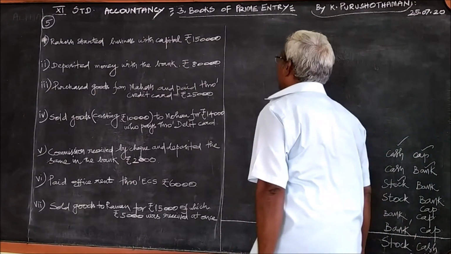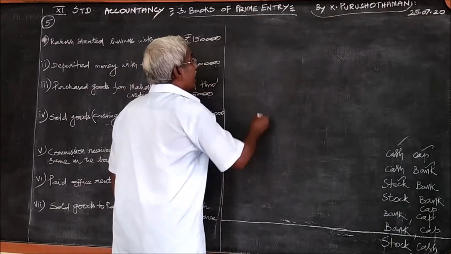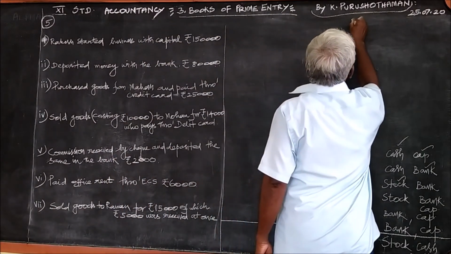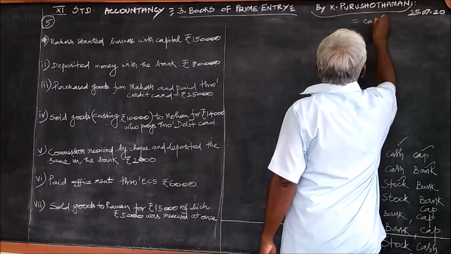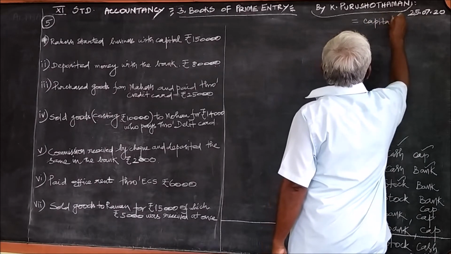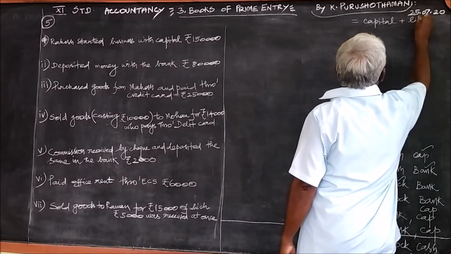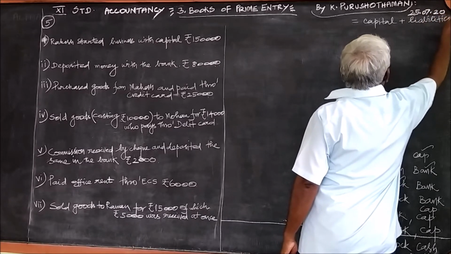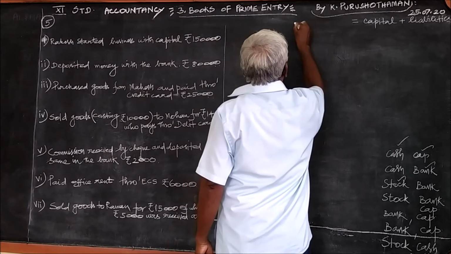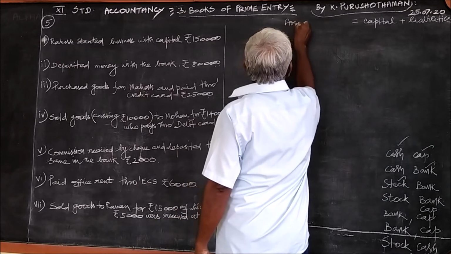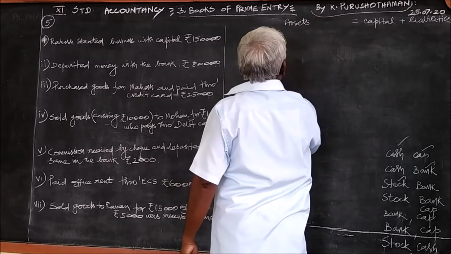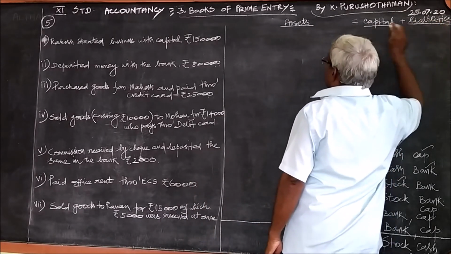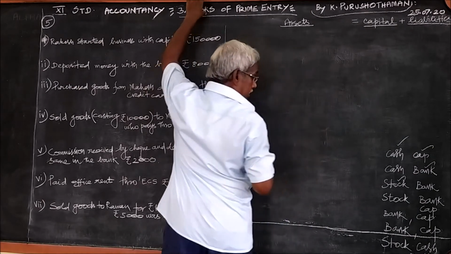Now we go to the accounting equation. What is the accounting equation? Accounting equation is assets equal to capital plus liabilities. What are the assets here?